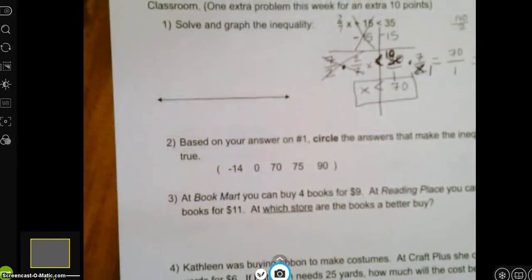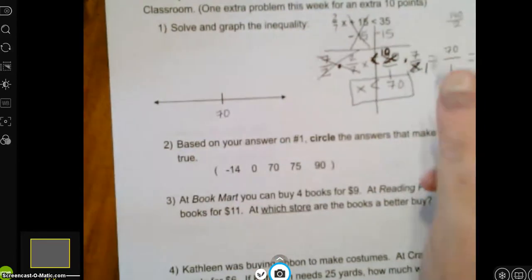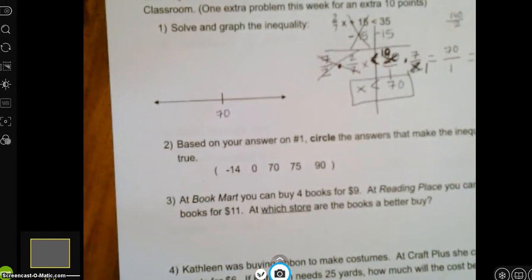Now, some of you, I'm not sure what you've been doing with your number lines. I think you're trying to plot these, but remember, our number line is just here to kind of guide us. So we put 70, right? And then this is positive, so just normal direction. 2 to the right, 2 to the left. I'm not looking here, I'm just going to be like, okay, well, after 70 is 71, 72, before is 69, 68.